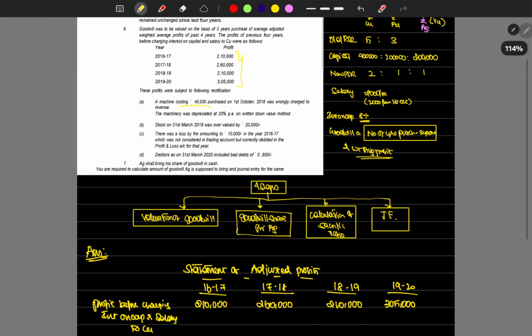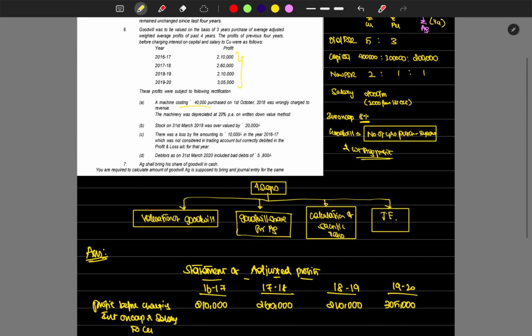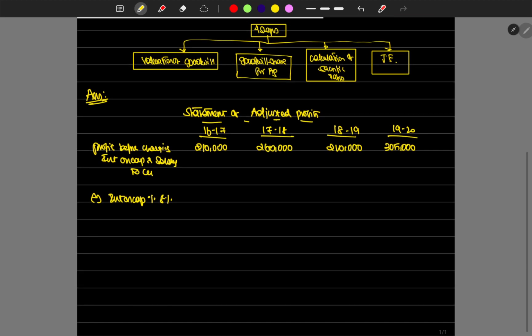What's the capital they brought? 4 lakh and 3 lakh, so 7 lakhs is the existing capital in the business, 4 lakh by CU and 3 lakh by AU. So 7 lakh into 8% is 56,000. We need to reduce this from all the years.